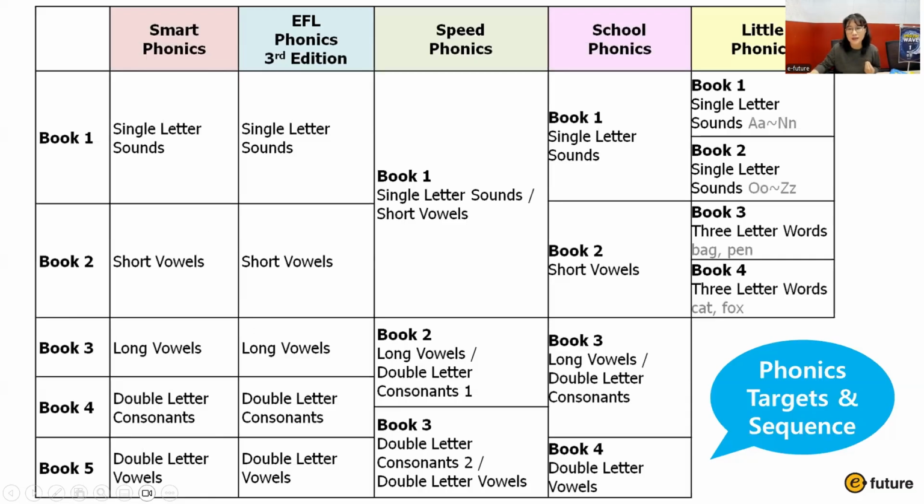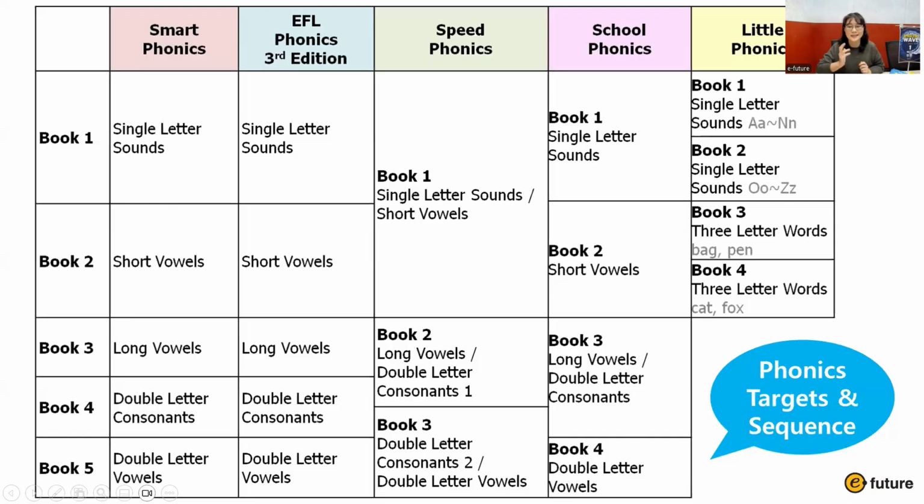However, the difference is the components. For Smart Phonics, we have student book and workbook separate. EFL Phonics workbook is included in the student book. So you just buy the student book and you get the workbook as well.